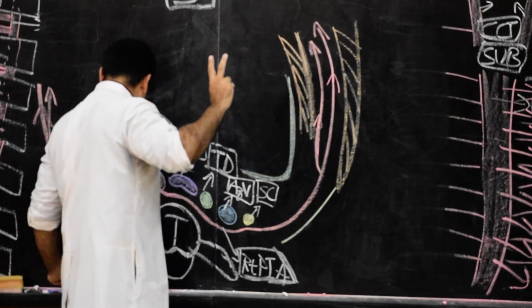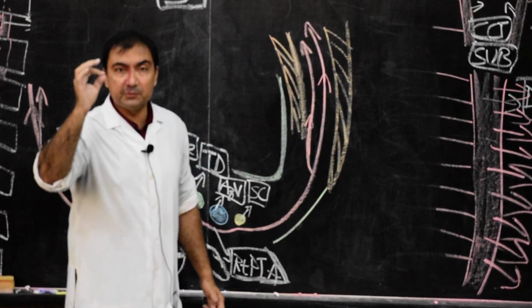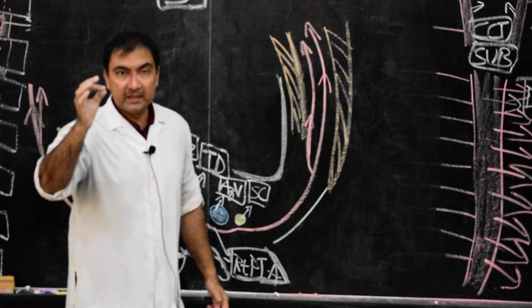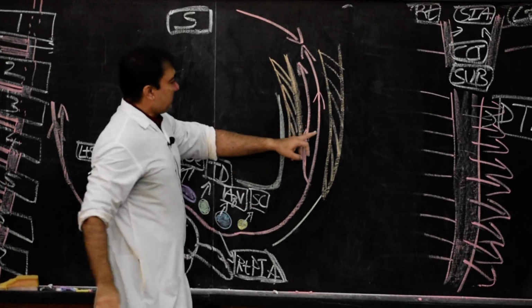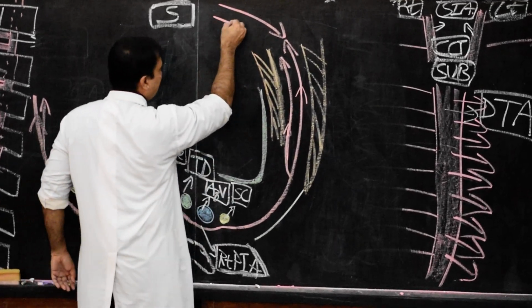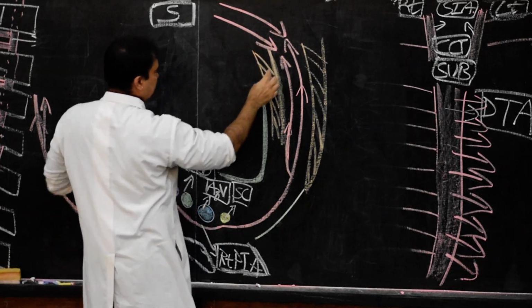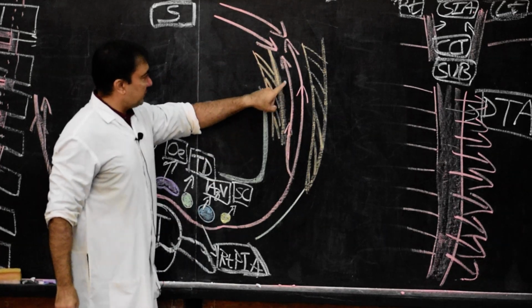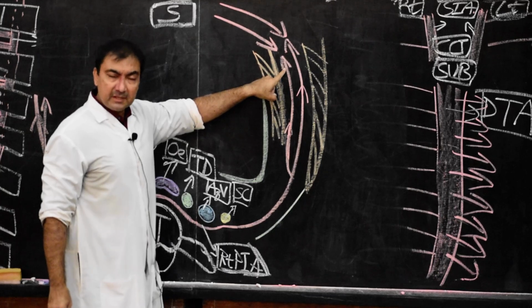Remember, there are two anterior intercostal arteries in each space. So the upper anterior intercostal artery will anastomose with the main posterior intercostal artery, and the lower anterior intercostal artery will anastomose with the collateral branch of posterior intercostal artery.